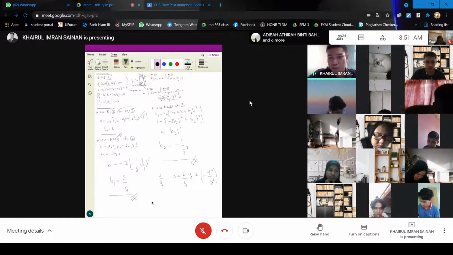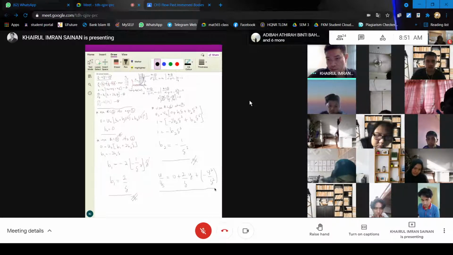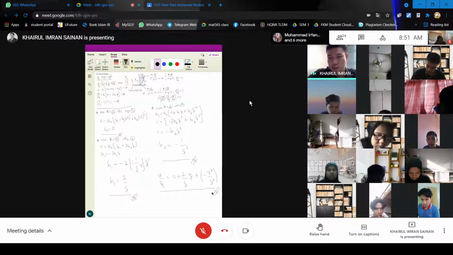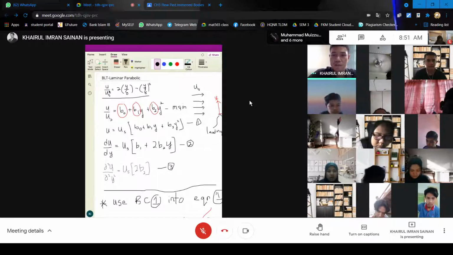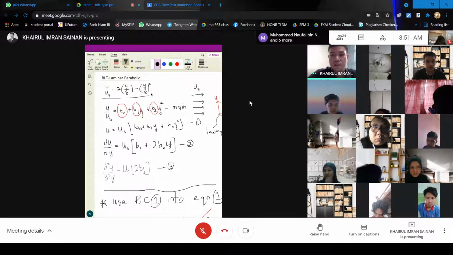So finally, this equation is actually similar to this one, right? u over u stream equals 2y over delta minus y squared over delta squared.